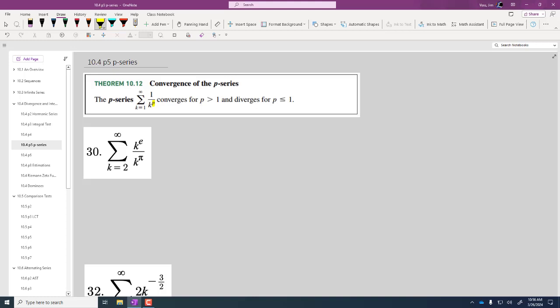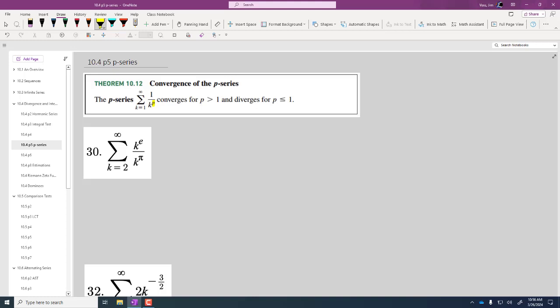Well, for a P-series, our focus is in the denominator. If P is bigger than 1, that means the denominator is growing fast, so the fractions are going to 0. With a geometric series, you're looking in the numerator. The series has the form a r to the k, and that r is in the numerator.